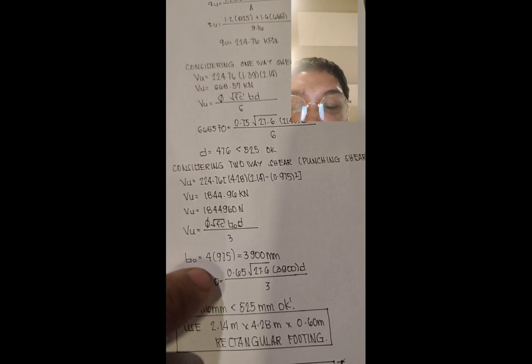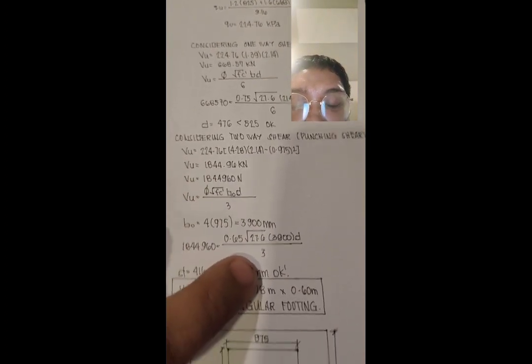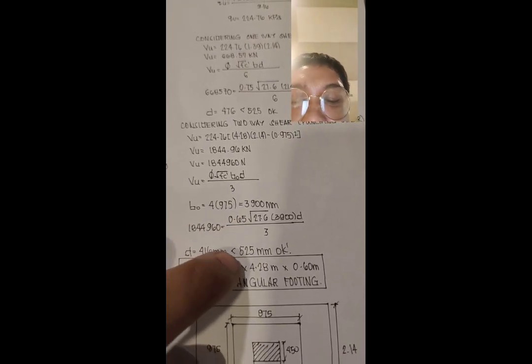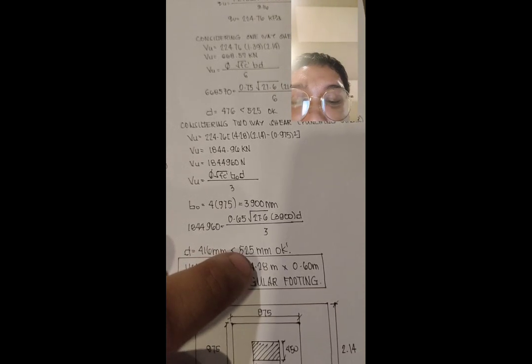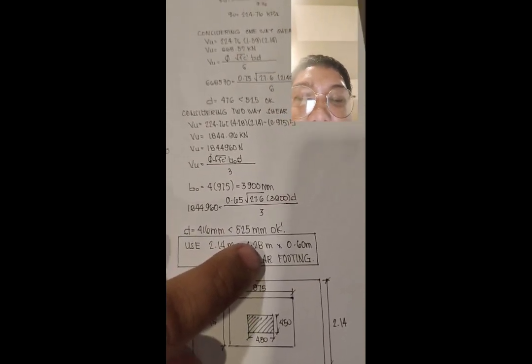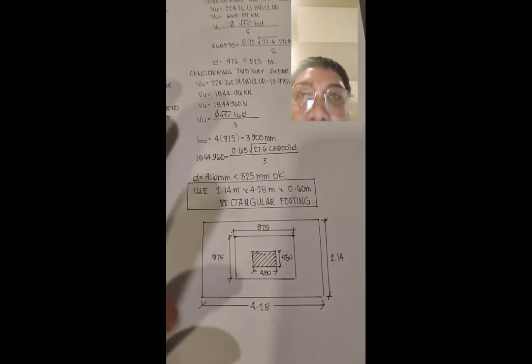To get BO, the base equals 4 times 975, so we get 3,900 millimeter. Substituting the values, we get D again as 525 mm. Okay, so use 2.14 by 4.28 meters by 0.60 meters. So this is the dimension of our rectangular footing. And next page again.